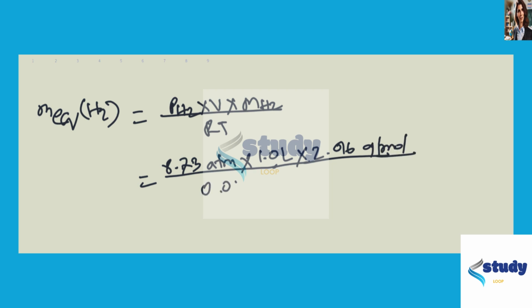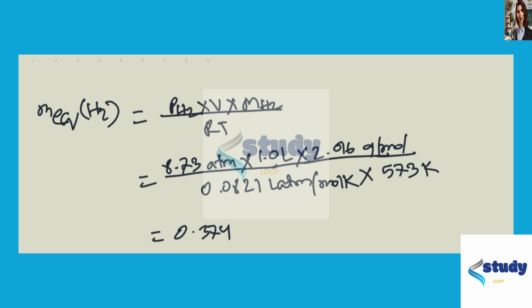Value of R is 0.0821 liter atm per mole Kelvin, and the value of T is 573 Kelvin. From here we get the equilibrium mass of hydrogen as 0.374 gram. So this is the equilibrium mass of hydrogen.